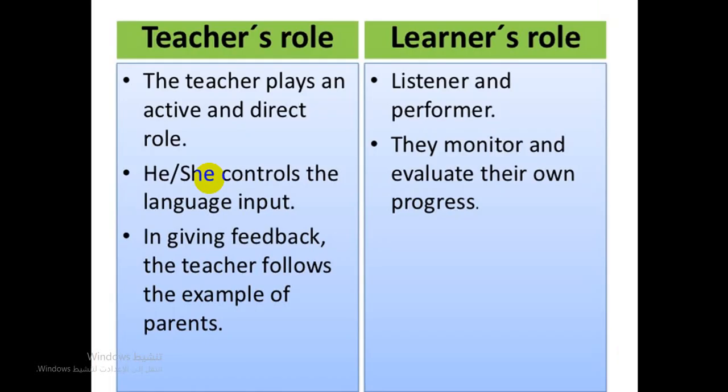What are the roles of learners and teacher in the total physical response method? Learners have the primary roles of listener and performer. They listen attentively and respond physically to the commands given.